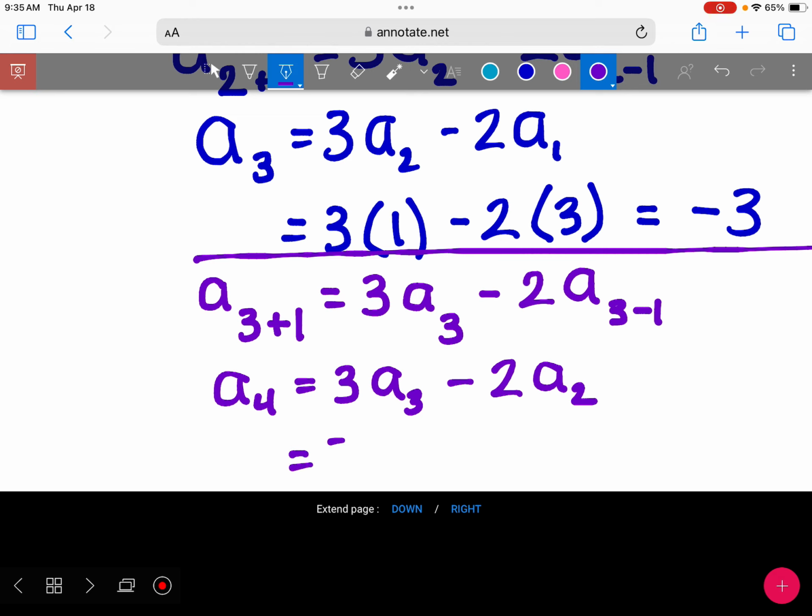So that's going to be 3 times negative 3 minus 2 times 1. So what is the value of a sub 4? Negative 11.